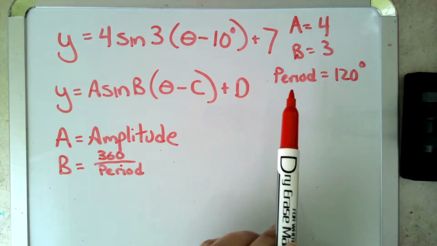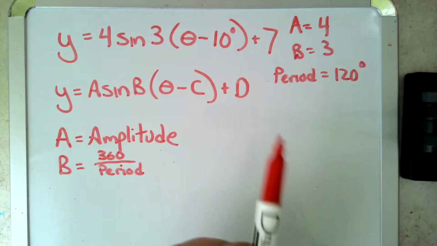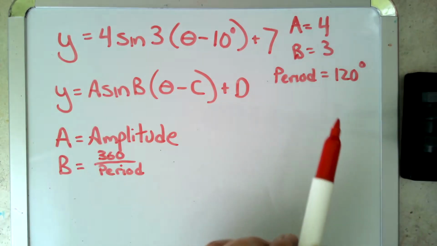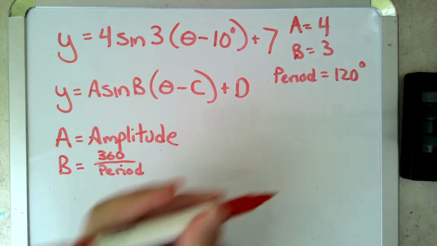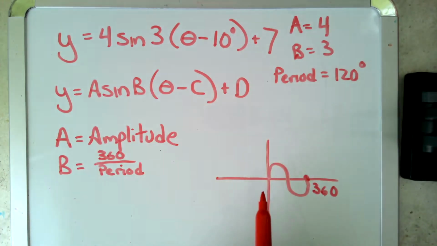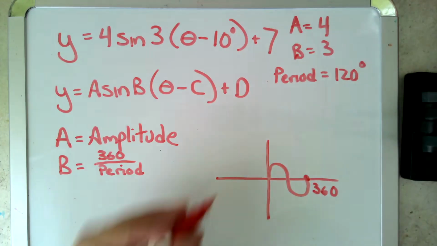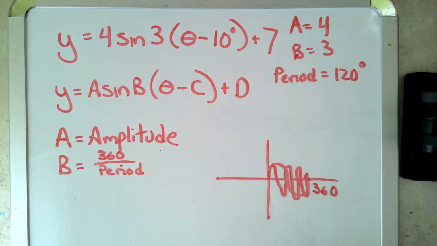Now, period and frequency are related. Period is defined as how many degrees it takes to complete a full cycle of my wave. So in a non-adjusted sine wave, it takes 360 degrees before I'm ready to start again. If my period is only 120 degrees, then I'm going to accomplish 3 waves within a 360 degree period.